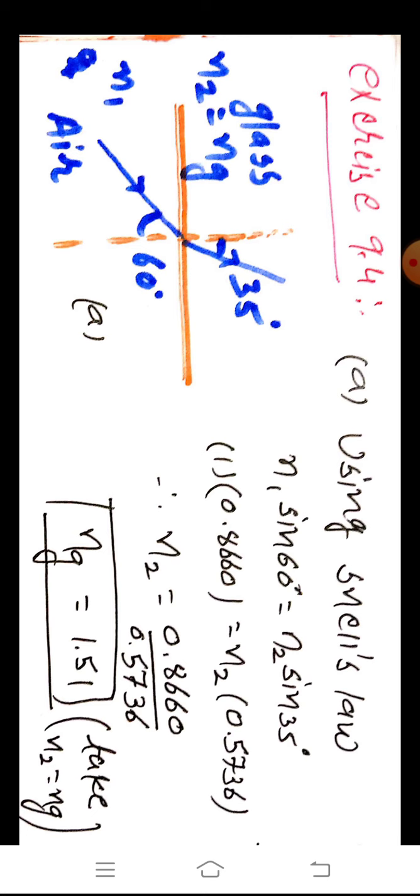Sin 60 की वैल्यू we know that it is √3/2. इसकी कैलकुलेशन करो तो मिलेगा 0.8660, and sin 35 degree just see from the table of natural sine. Then easily we can calculate eta 2 means refractive index of glass, that is 1.51.